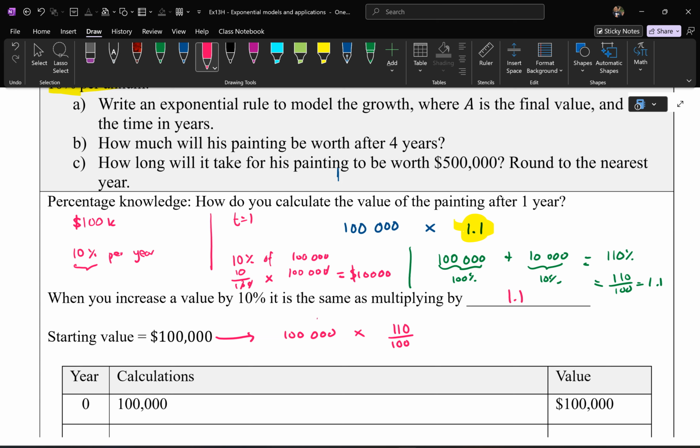So once we understand that, that was the key step here: multiplying by 1.1, because you're getting an extra one-tenth of what you started off with.